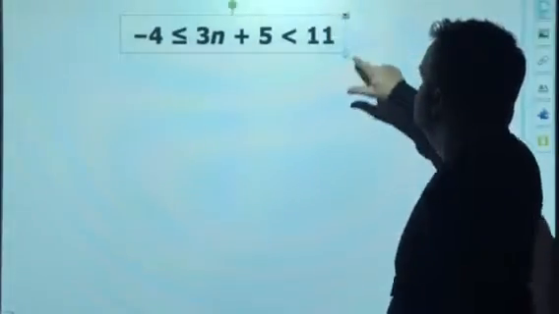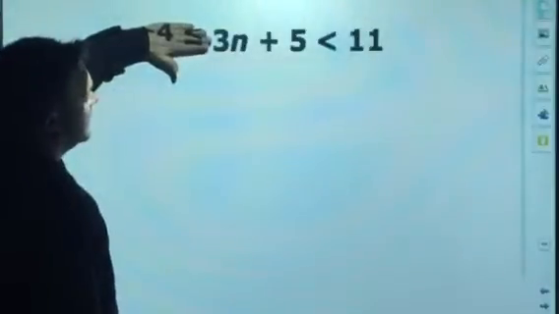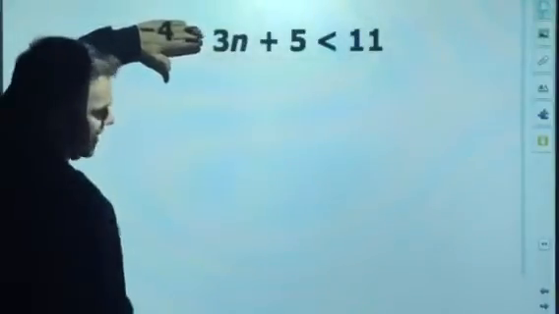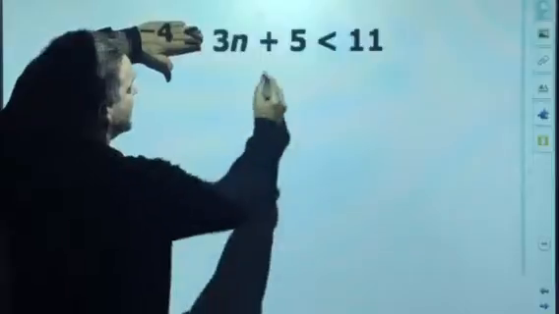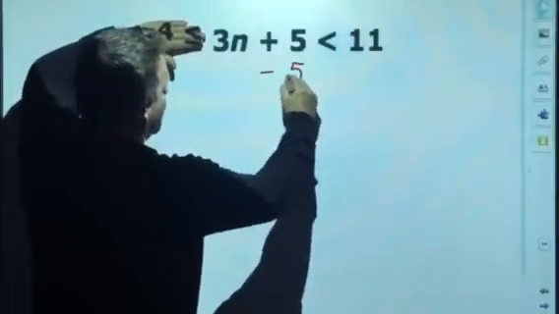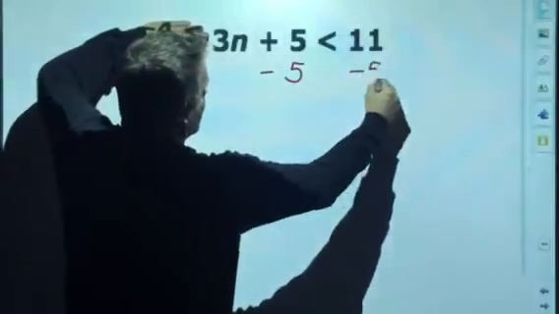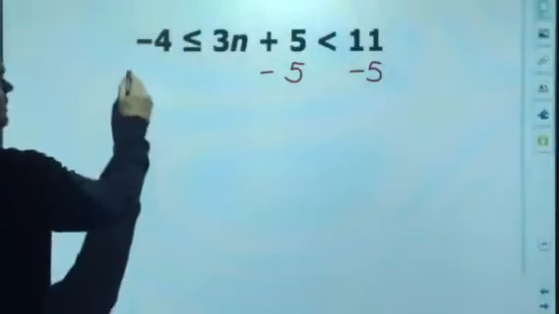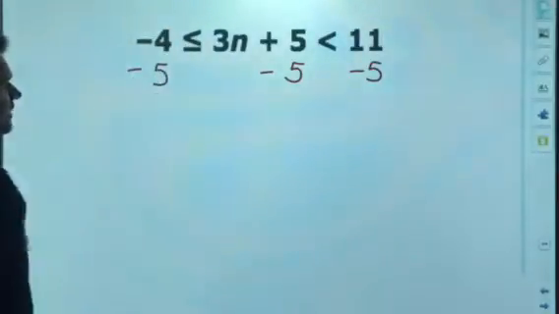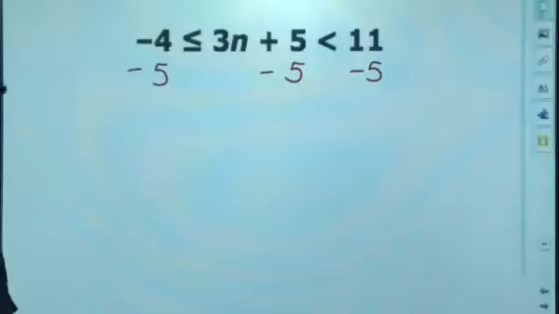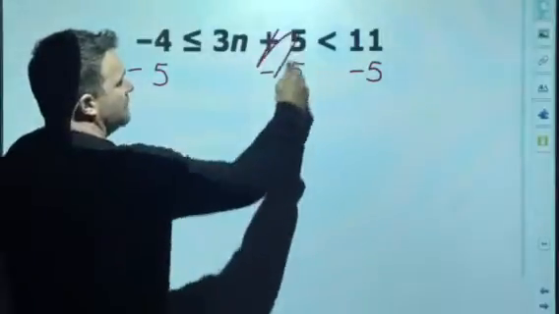Covering this up for right now and saying, okay, what do I need to do to solve that? What you should see is that we're going to have to subtract 5, and then also on the right-hand side and the left-hand side over here, also subtract 5. These will cancel out.